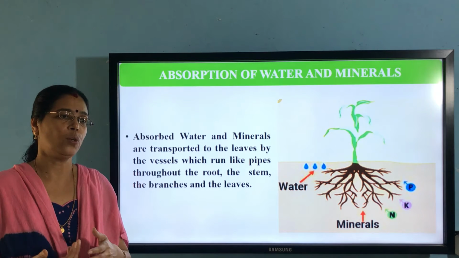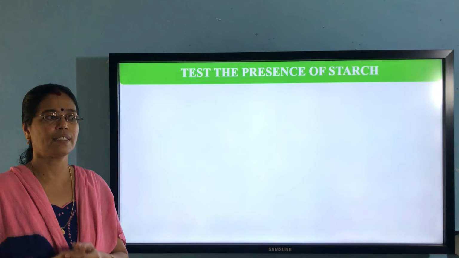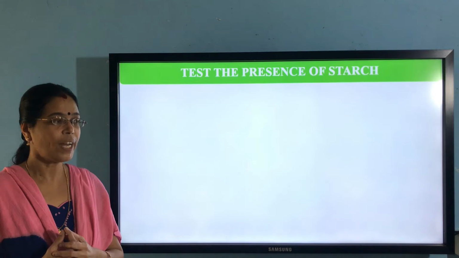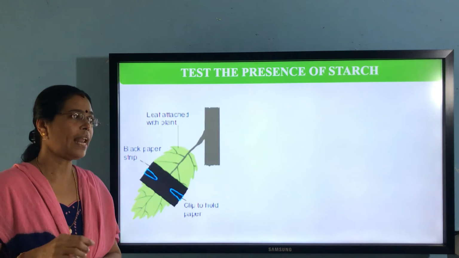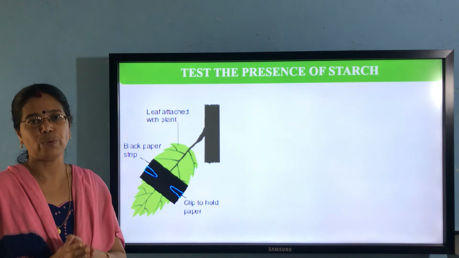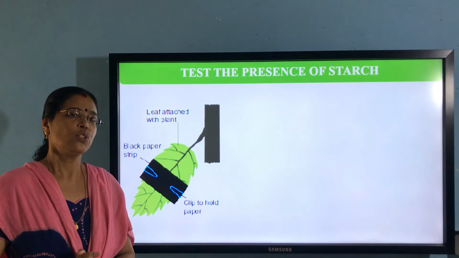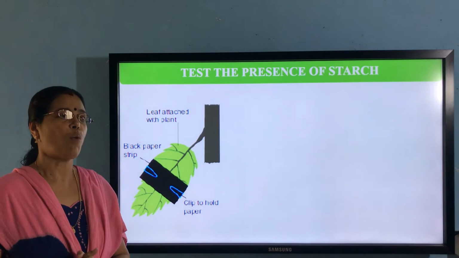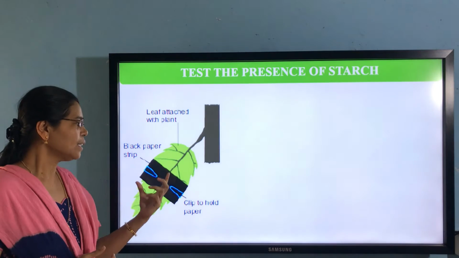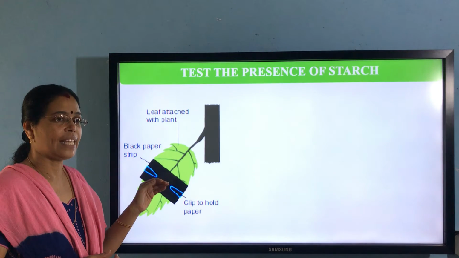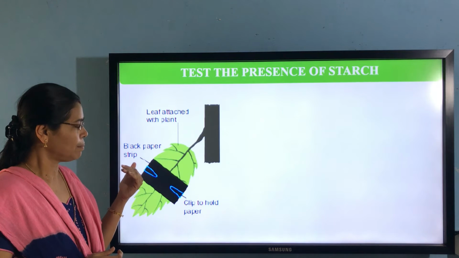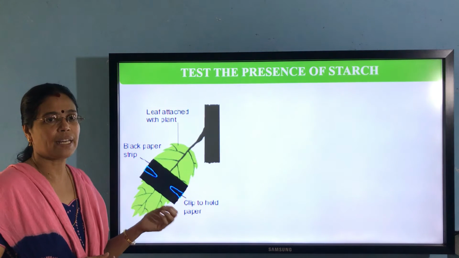Now, how can you know that during photosynthesis the plant produces starch? For this, we can perform a simple activity. You need a healthy plant. Select any one leaf and cover the middle part of the leaf with a black paper strip using paper clips.